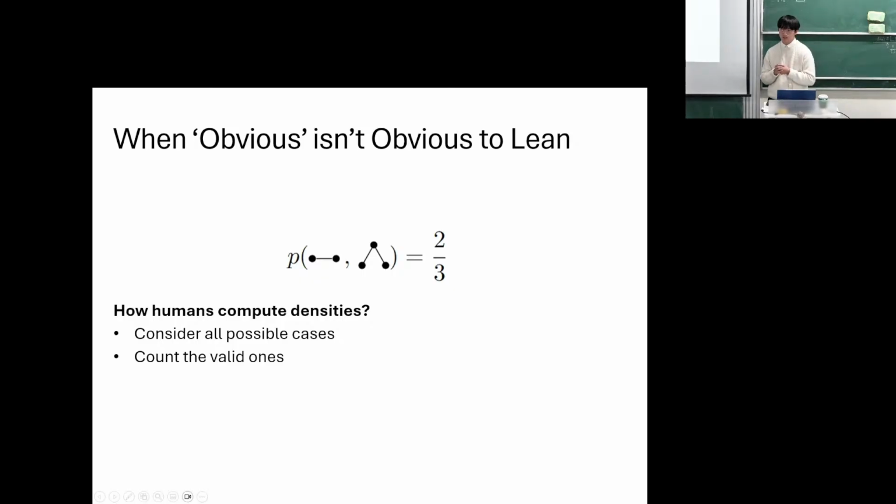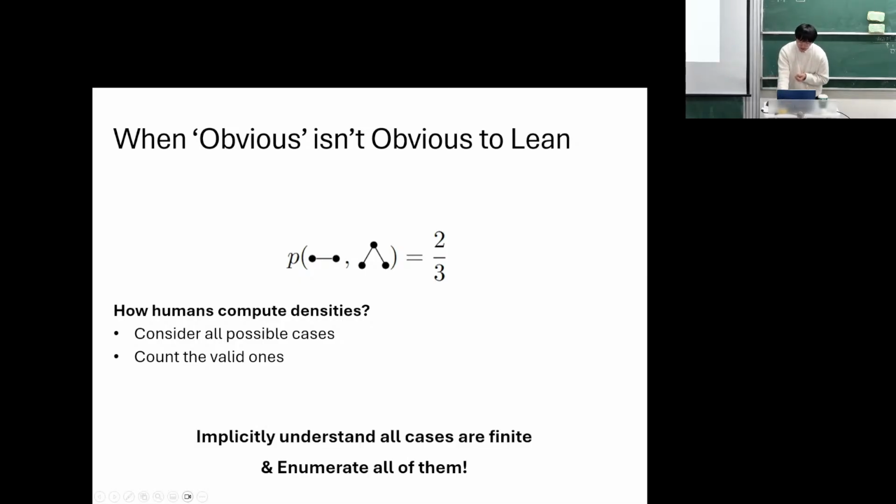Then we count how many of these cases satisfy the condition, namely whether the induced subgraph is isomorphic to an edge. The key point is that we implicitly understand all cases are finite, and then we enumerate all of them. In Lean, all of these implicit human reasoning steps must be written out explicitly.